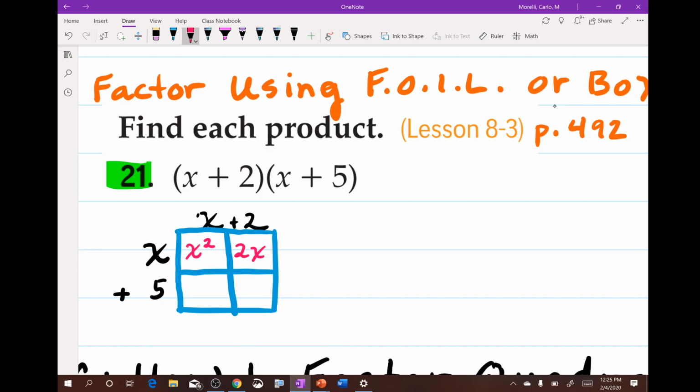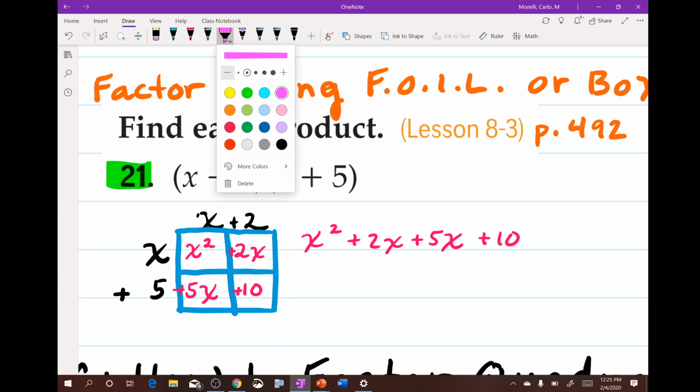What's 5 times x? What's 2 times 5? Positive 10. So now we just write everything we see. This is positive 2x and positive 5x. So we can just write out x squared plus 2x plus 5x plus 10.